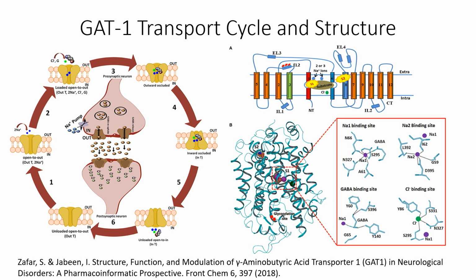You can see the basic structure of a single subunit there on the right. There are 12 transmembrane domains. And basically the way they work is they use the sodium gradient. There's a lot more sodium outside the neuron, and they use that to transport GABA into the neuron. So 2 sodium, 1 chloride, and then a GABA molecule will be transported into the neuron during one transport cycle.